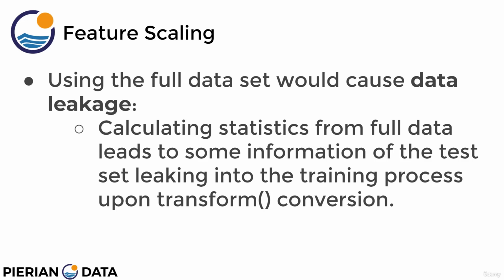So if you were to call a fit on the entire data set, you could accidentally know your min value or max value, or start to get information about the total average or total standard deviation across the entire data set. That's dangerous because we want the test set to be completely unseen. Doing feature scaling based off the entire data set eventually starts to leak a little bit of information from the test set.